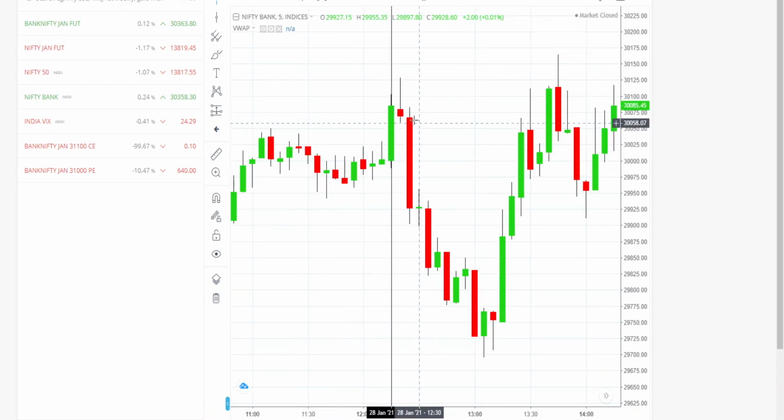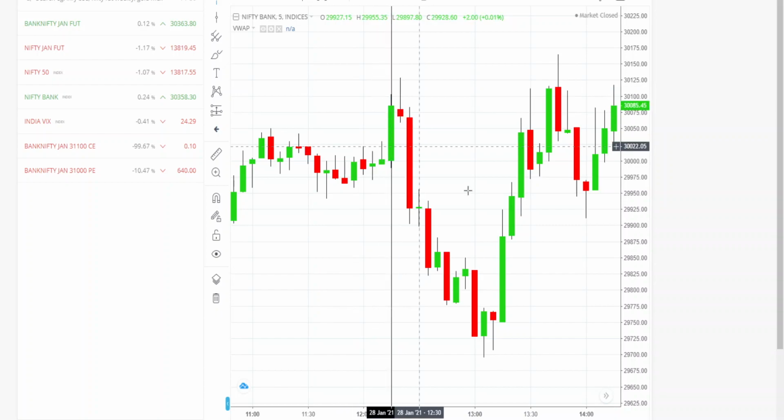And see how beautifully the next candle became bearish, and even if you short here, from 30,125 it went down. Here it became bearish, and if we close the position here, where we bought at 30,020, and this is the closing price, how much is that? Calculate here, 60 to 65 points, I think.